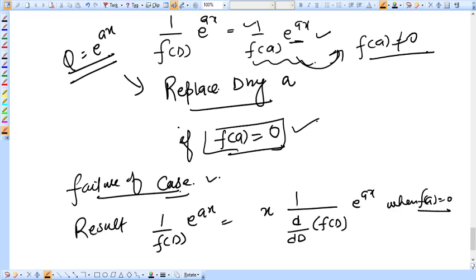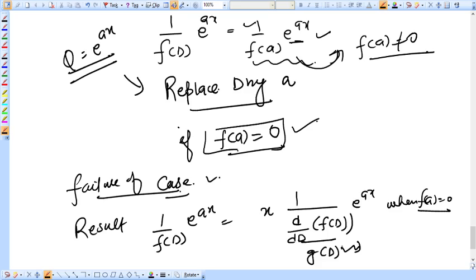So in that case we will be differentiating this f(D) with respect to capital D. Whatever result comes here, say g(D), again we will be putting D equal to a, and we will be finding out the particular integral by putting D equal to a.